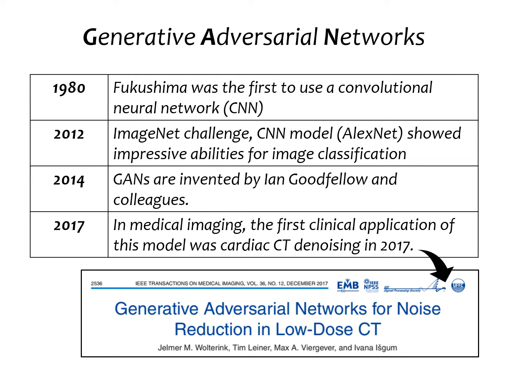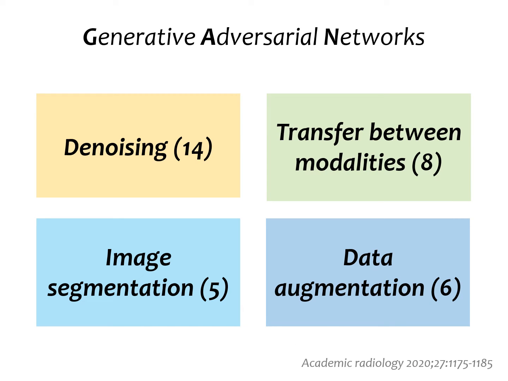In 2014, GAN was invented by Goodfellow, and in medical imaging, the first clinical application of this model was cardiac CT denoising in 2017. After that, until 2020, 33 studies using GAN in medical imaging have been published. These four topics are the main categories of the studies, and denoising is the most actively evaluated.